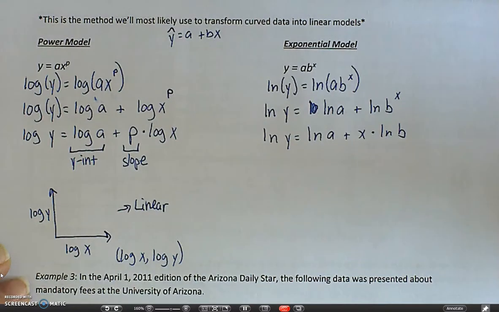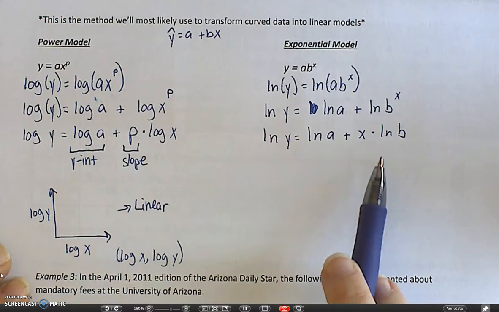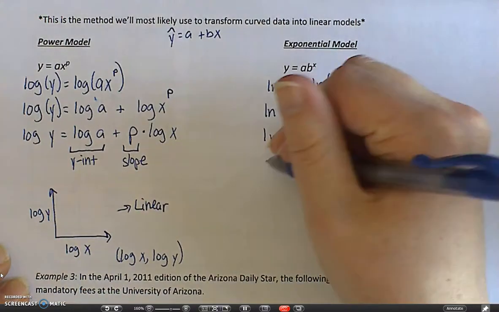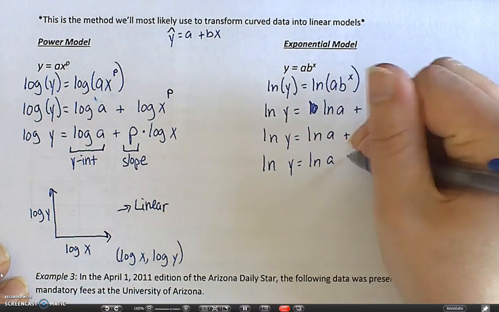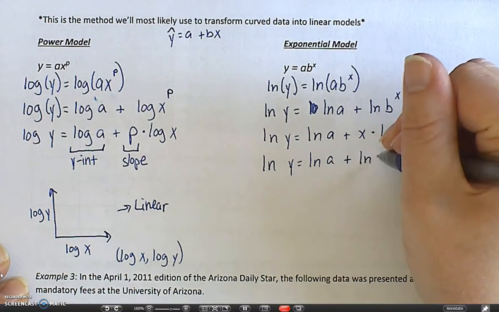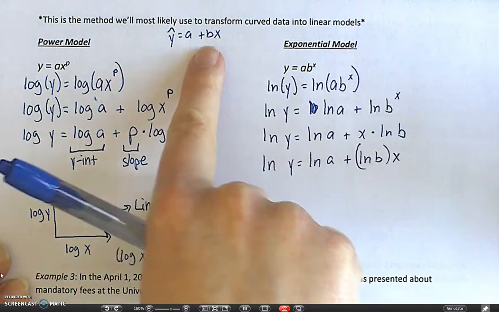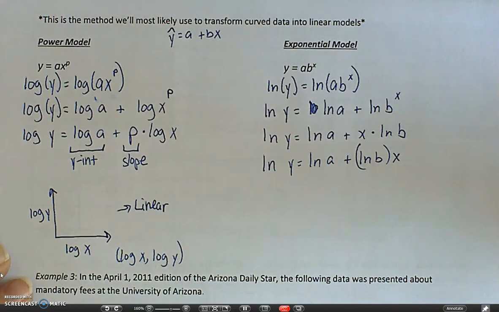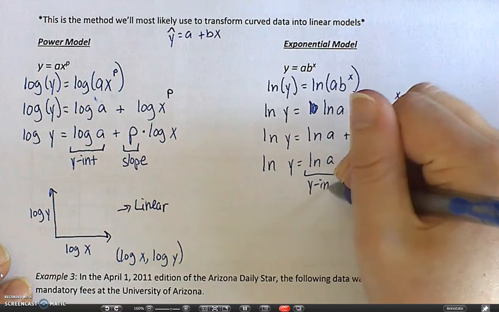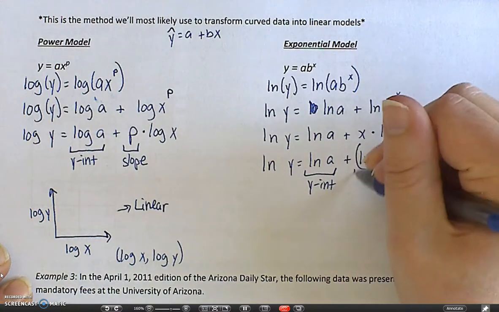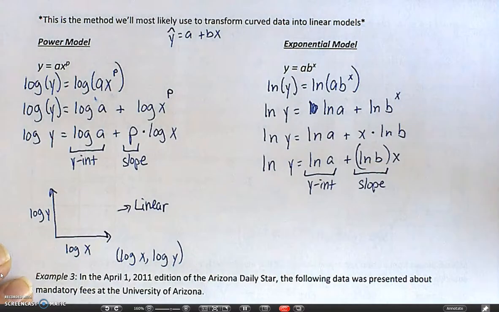Now this one's a little bit different because now the x is not in the log or the natural log, it's by itself. So I'm just going to rearrange it a smidge so it looks a little bit more like our equation up here. So you can see again, here is my y-intercept. And now the natural log of b is going to be my slope.